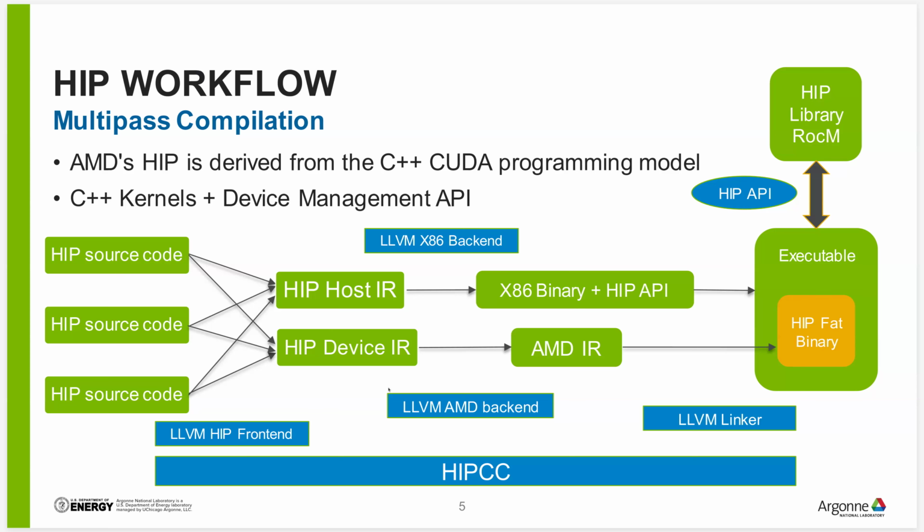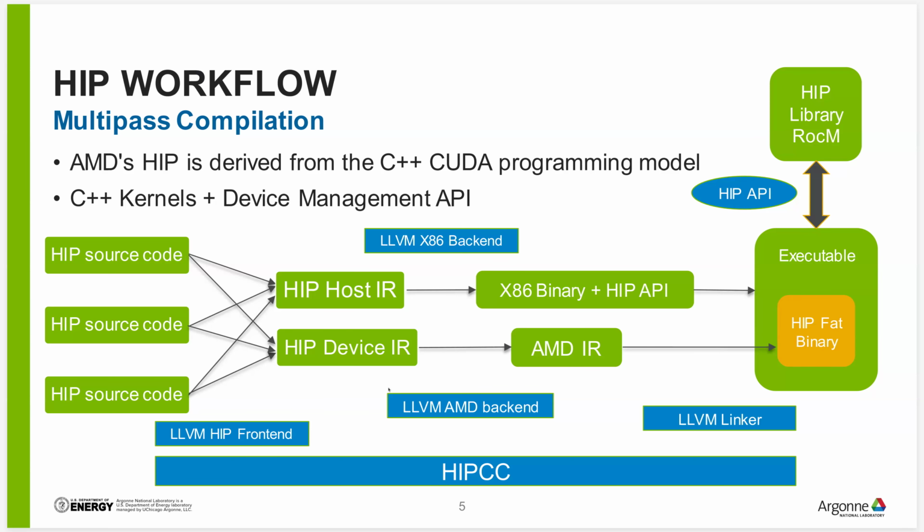And then the host IR is compiled, in our case, with the LLVM x86 backend to give you an x86 binary plus HIP APIs, while the device IR is compiled with the LLVM AMD backend to AMD intermediate representation. Both of these are linked into an executable that embeds what we call a FAT binary, which contains the device code ready for execution on the device driver.